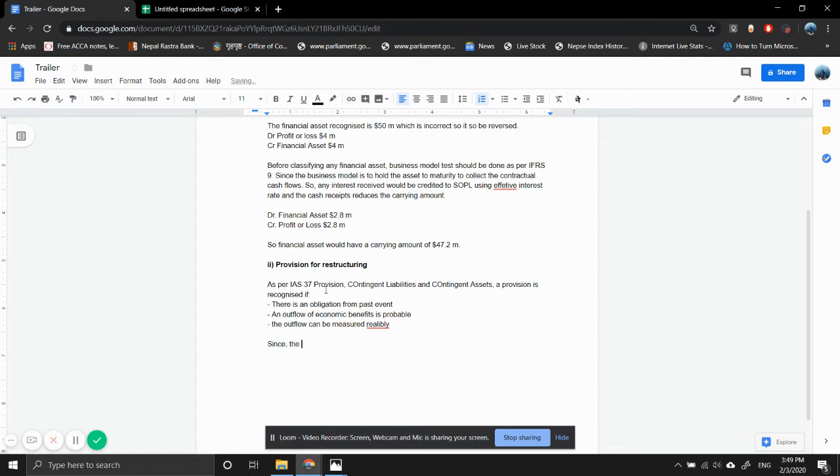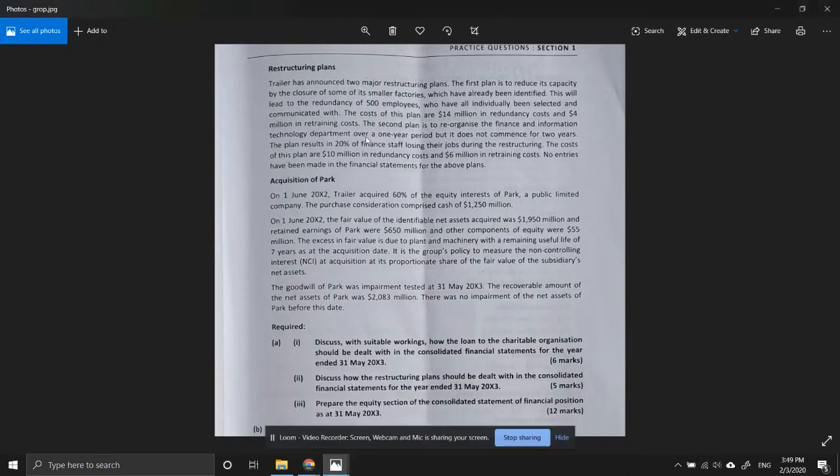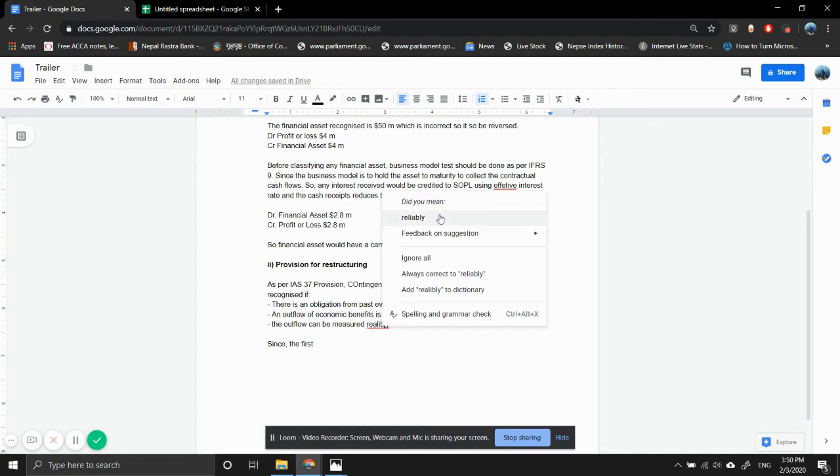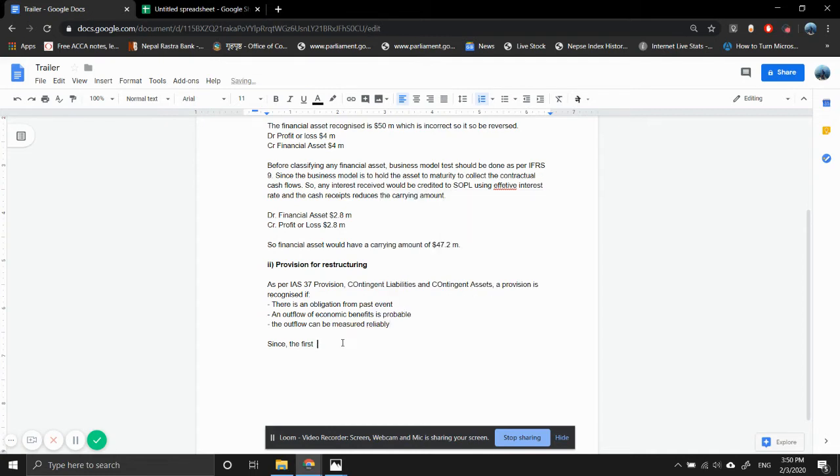Since the first plan has already been communicated, so that means it has already been announced, we need to create a provision.